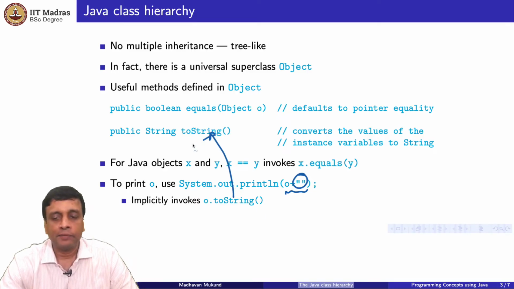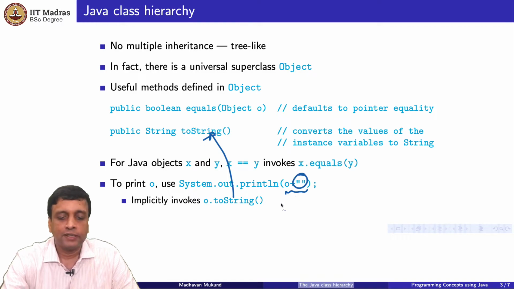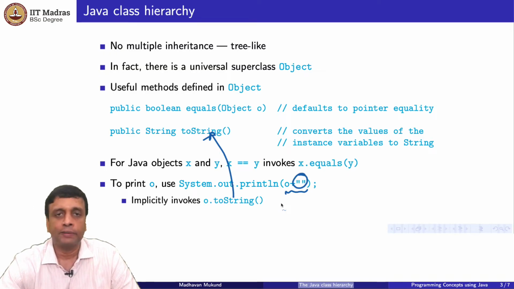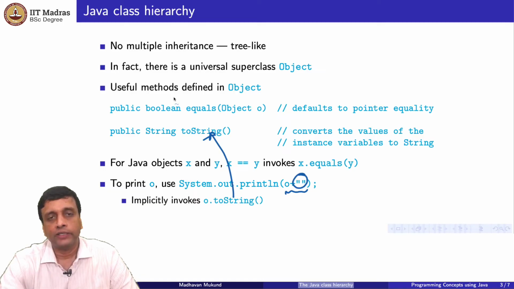And when it does the type conversion to a string, this implicitly invokes this toString. Right? So if I want to print an object O in some sensible way, I just have to say O plus empty string. So the O plus empty string will implicitly call O.toString, convert O also into a string, and then concatenate it. Of course, the empty string will contribute nothing to the output. So I will get a representation of O as defined in Object.